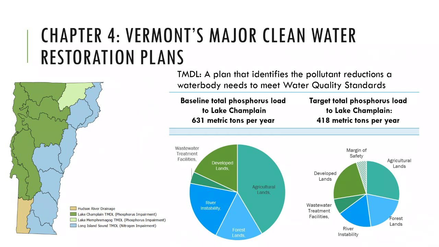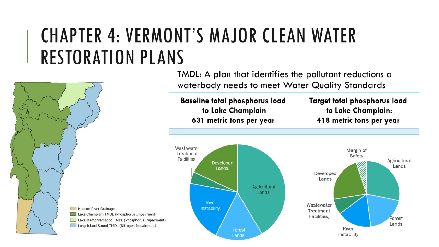So in a broader sense, it's a plan that identifies the pollutant reductions a water body needs to meet water quality standards. So there can be TMDLs for small water bodies, and there can be very large scale TMDLs.